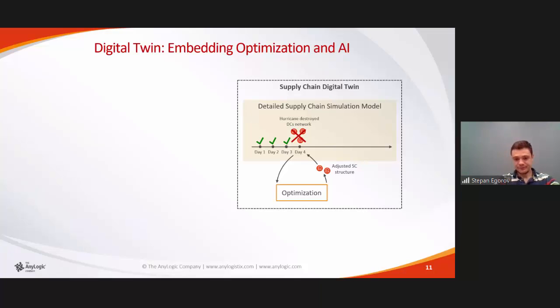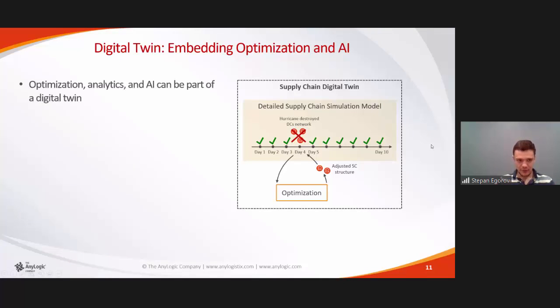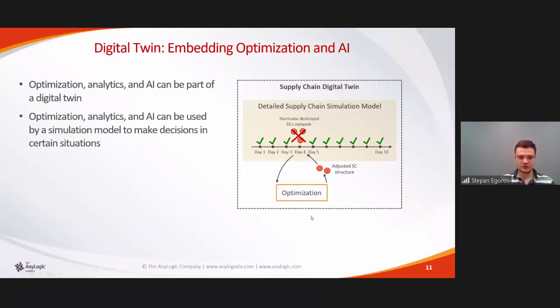And this suggested structure can be fed back into the digital twin, and it can keep forecasting, and this will allow you to restructure your supply chain on the fly. So yeah, for sure, optimization and even AI in place of optimization here can be a part of a digital twin.